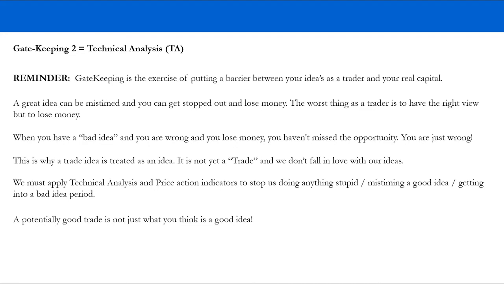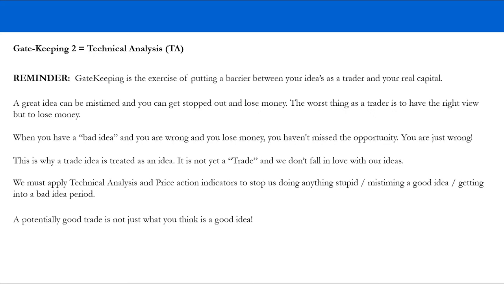So gatekeeping, as you may recall, is the exercise of putting a barrier between your ideas as a trader and your real capital. So if you recall, in the overall process, we have our idea generation phase. This produces our ideas in Forex. Then we have a stage of gatekeeping, which is to time these ideas better.